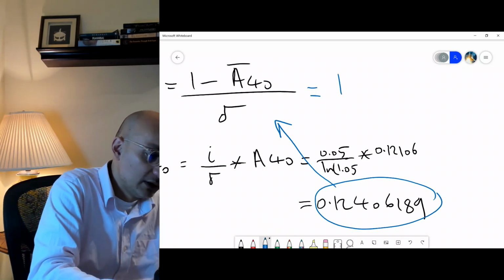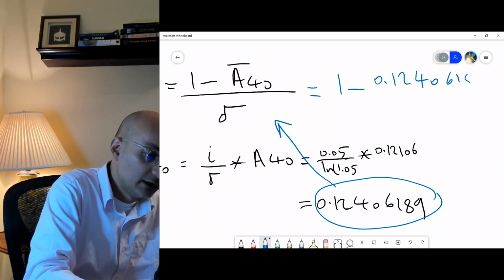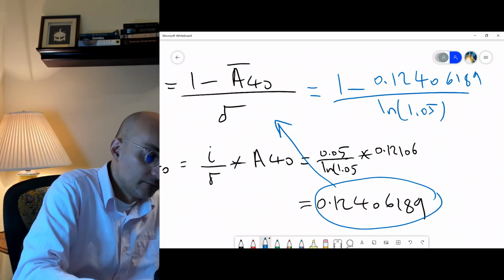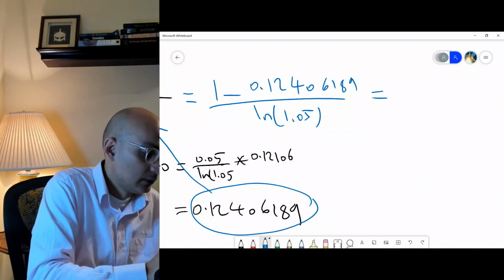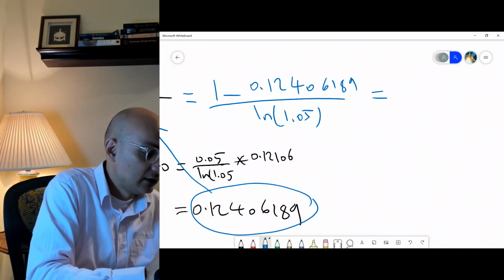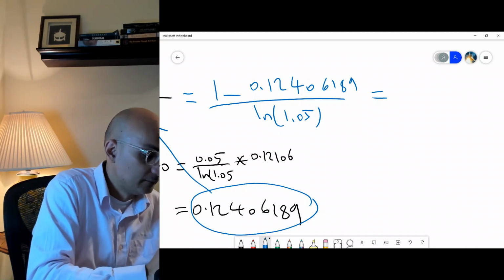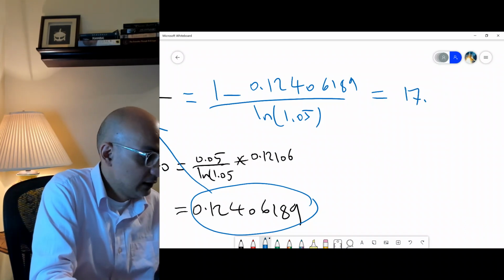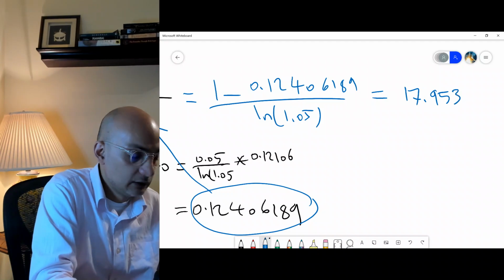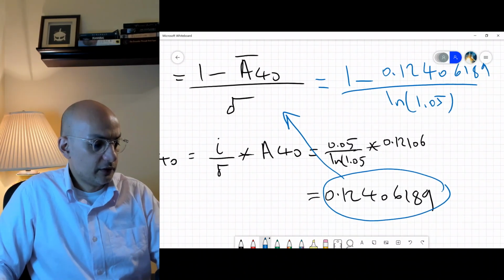So this one will become 1 minus 0.12406189 divided by ln. Right. So the answer will become, if you keep it in your calculator and you didn't delete it, then it becomes easy for you to calculate it. 17.9532. Right.